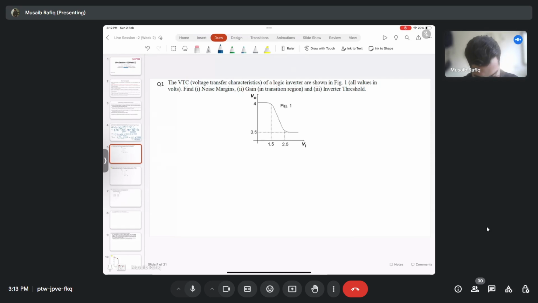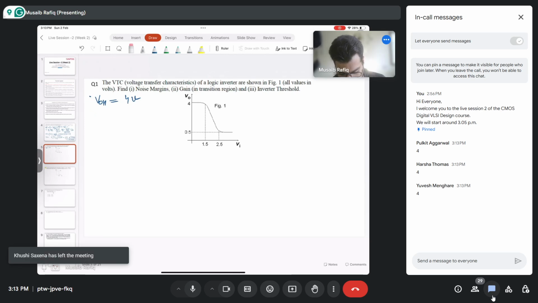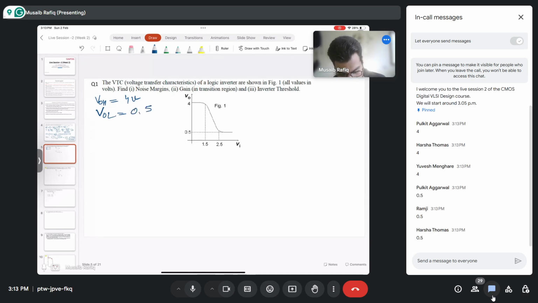So how will we start first? We'll start by marking VOH, that is V output high, which is equal to how much? Anyone in the chat box? VOH is how much? 4. Thank you. 4 volts. Then we have VOL, that is how much? 0.5 volts, correct.